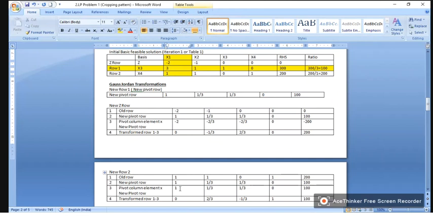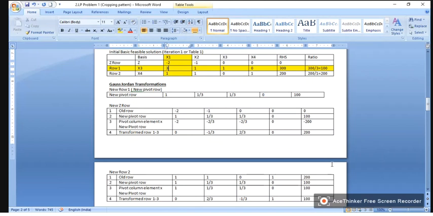I mean, you should be getting doubts. Yes, sir, clear. And new row 2, how came, sir? New pivot row. Sir, excuse me, sir. Venkatesh, you can explain to Shivaji. I will be following. Yes, sir. Venkatesh, tell to others. Shivaji, ask your doubt.